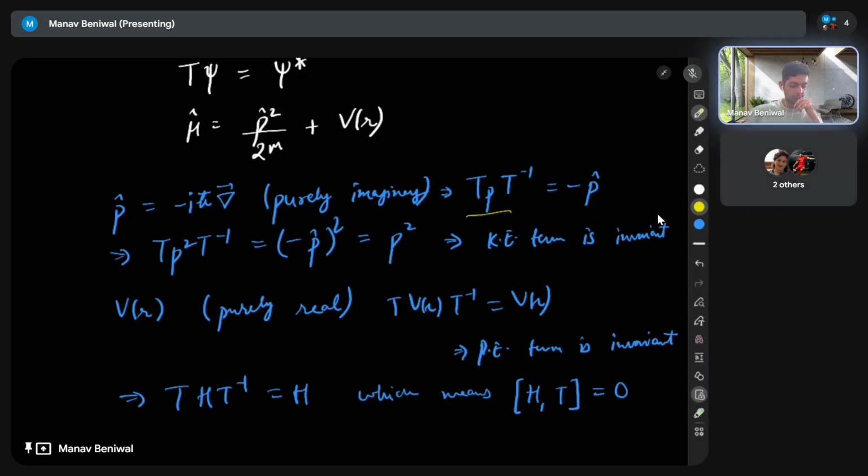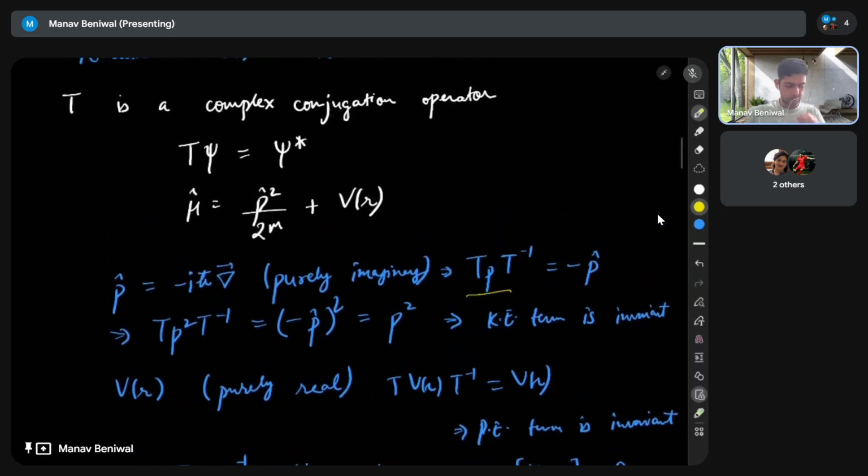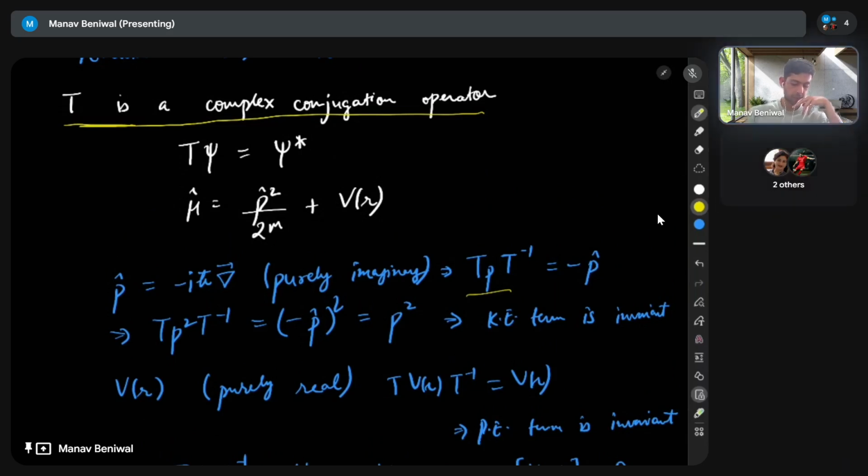So what is this doing? This T, the time reversal operator, is like a complex conjugation operator. When it operates on a wave function, it takes it from psi to psi star. Essentially it's like taking the complex conjugate of a wave function.